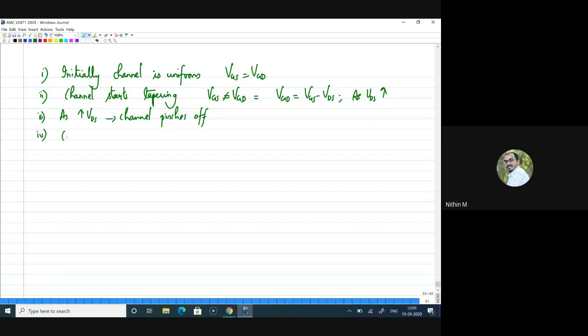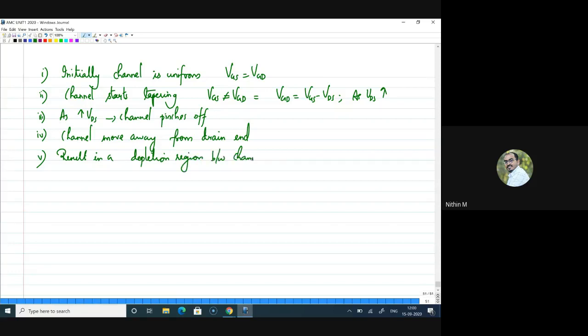Then your channel will move away from the drain end. So that will result in a depletion region between the channel and the drain, which is a highly resistive region.